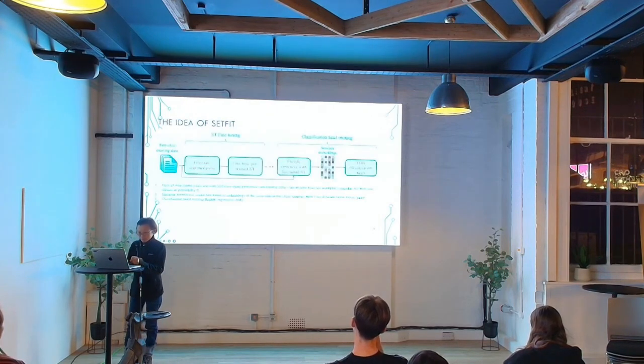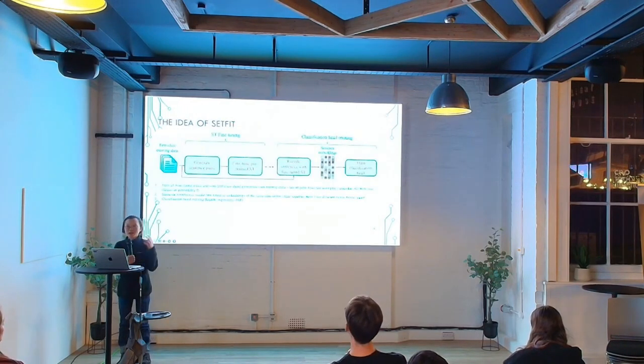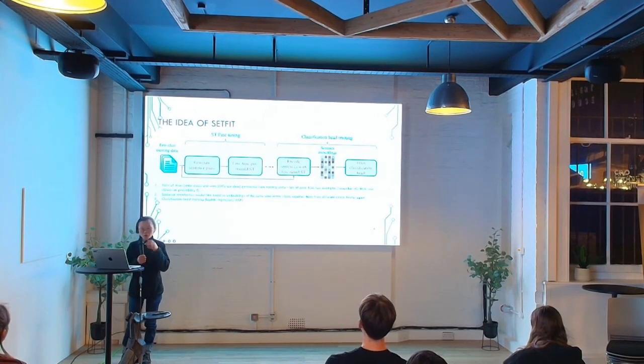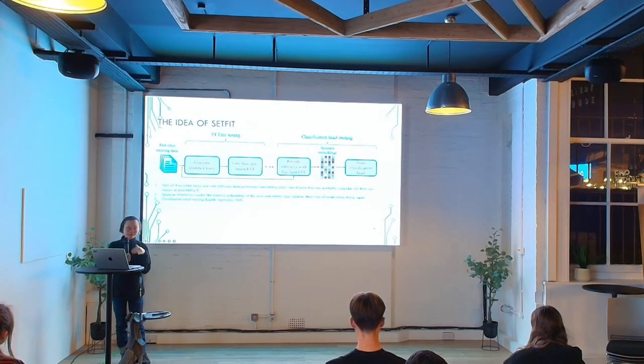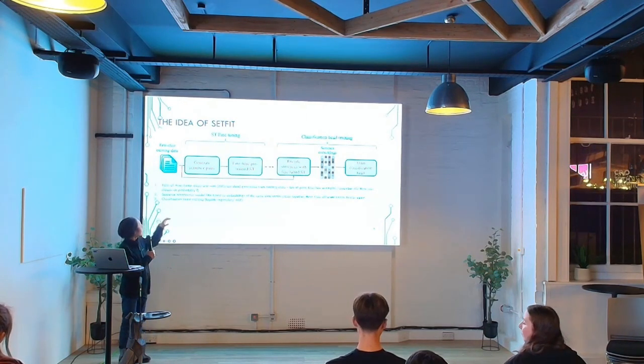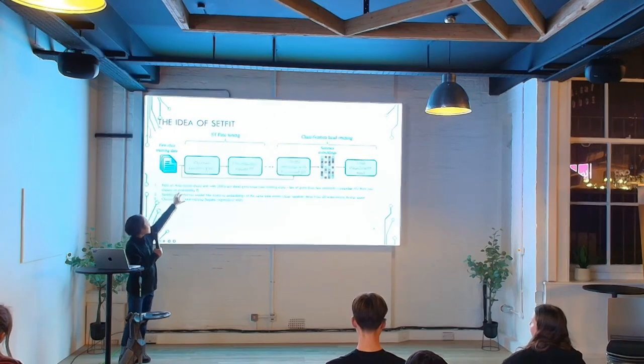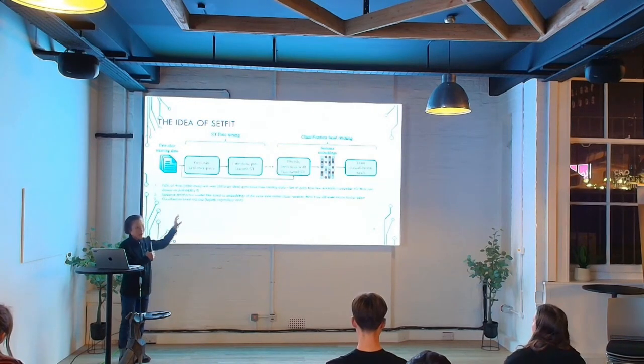Yeah, so how do we use that concept to build a classifier with not a very big training set? This is where SetFit comes in, and it's quite a nice idea. So first you use a sentence transformer to generate pairs of sentences.